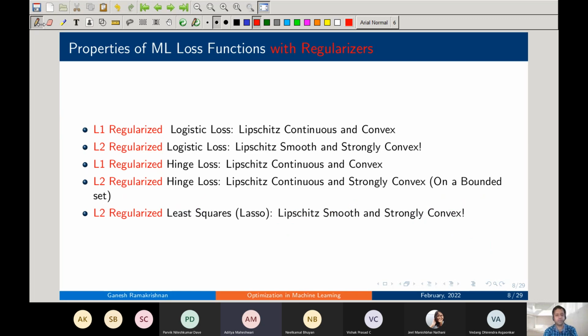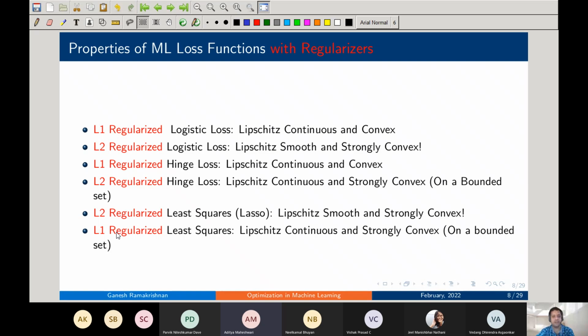How about L2 regularized least squares? Yeah, we have seen that both components have a quadratic form. This is simple. I'm spending a little more time here. This is critical. This is all ML, and this is going to be very handy for you. Okay. Are we done? There was one more, right? And again, Lipschitz continuity and strong convexity.